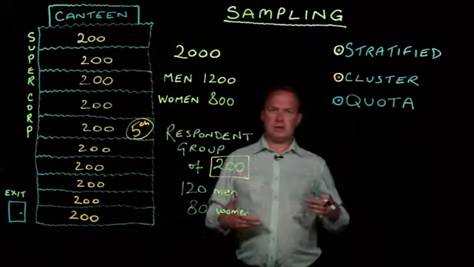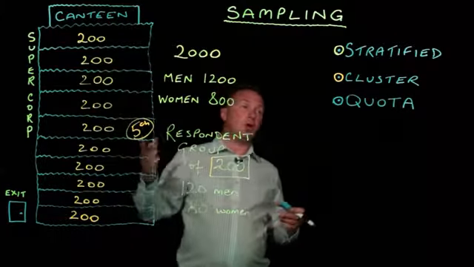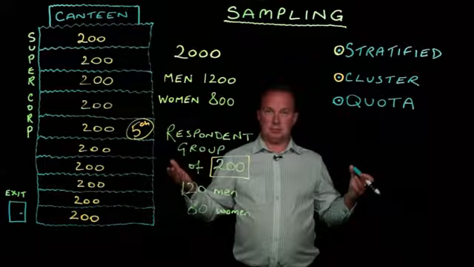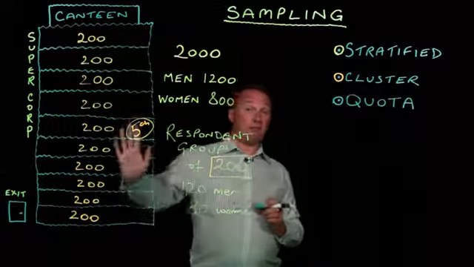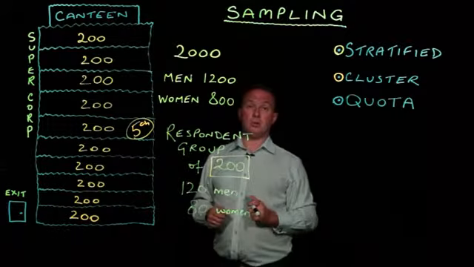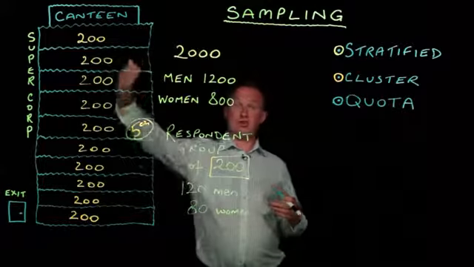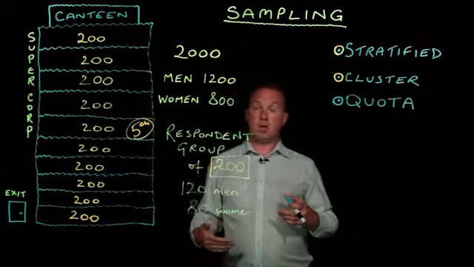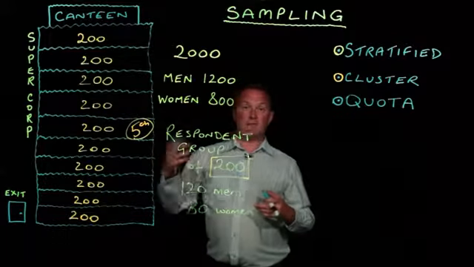So that random selection is fine, but maybe I want to ensure that I include 5% vegetarians within there. So I may find out before I take that random sample where those vegetarians are in the building. I would find 5% of those. So I would find 10 vegetarians.